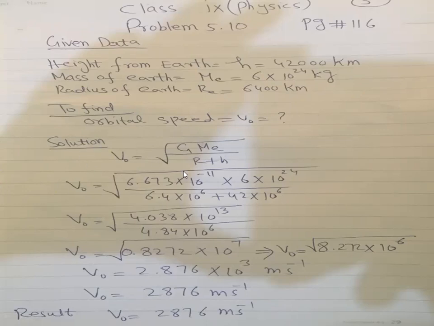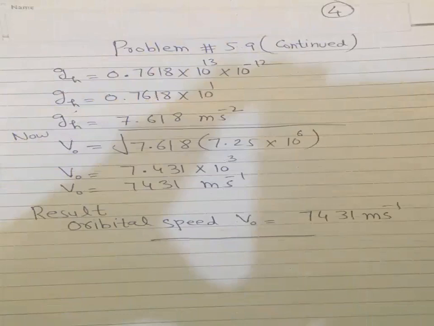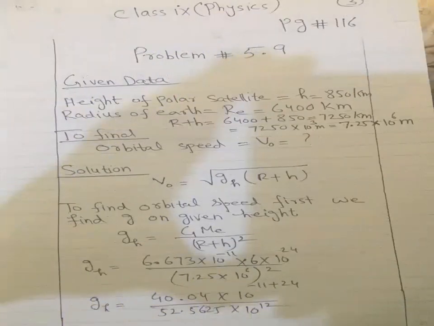Why has this formula changed? In this formula, I'm just putting the value of g. What value did I put in? I put gh is equal to GME over (R plus h) whole square. If you go back to this formula, you know V naught is equal to the square root of gh (R plus h).